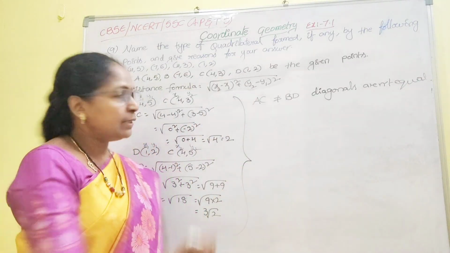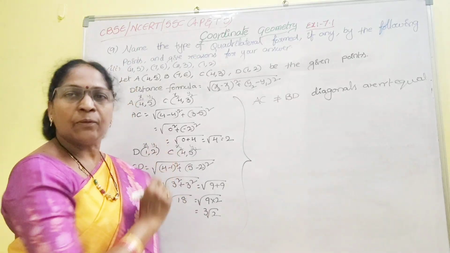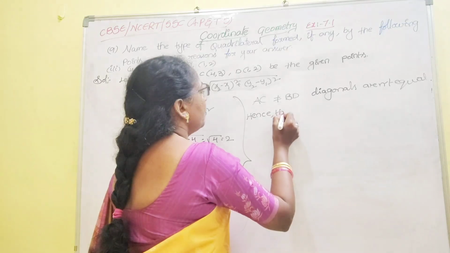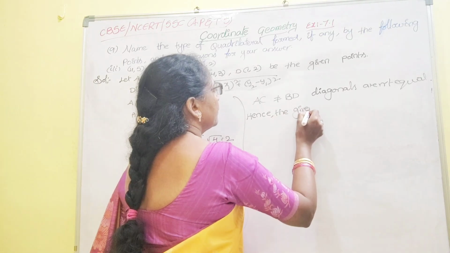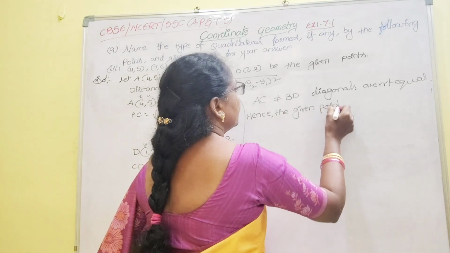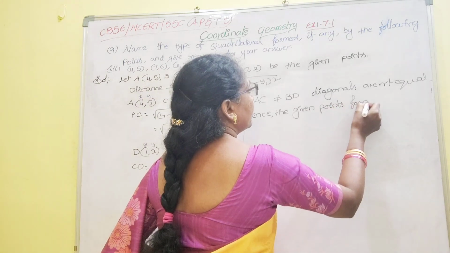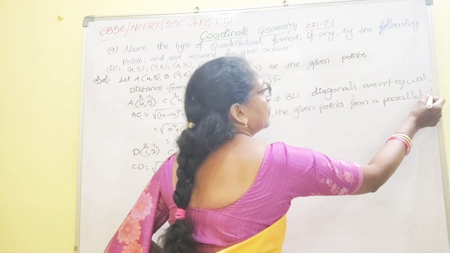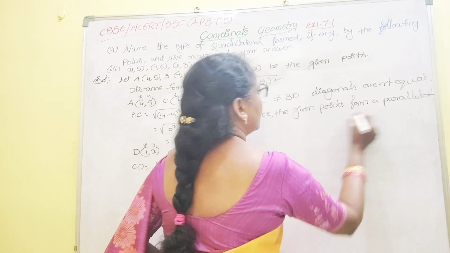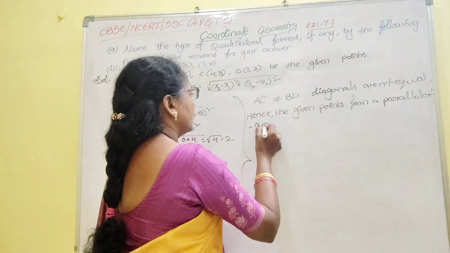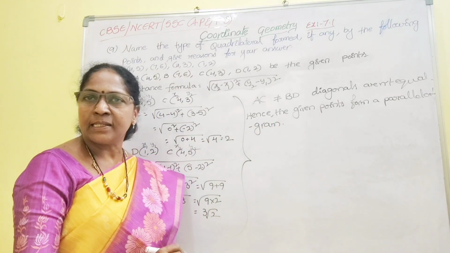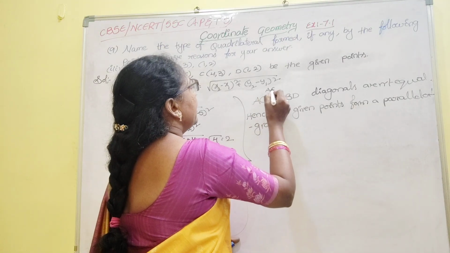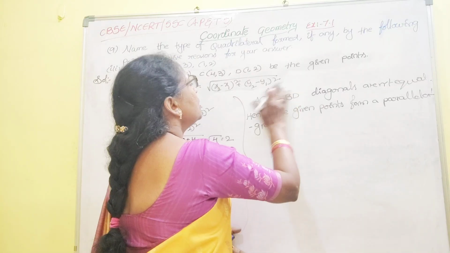Hence, we can conclude that the given points form a parallelogram. Here opposite sides are equal, as well as the 2 diagonals are not equal.